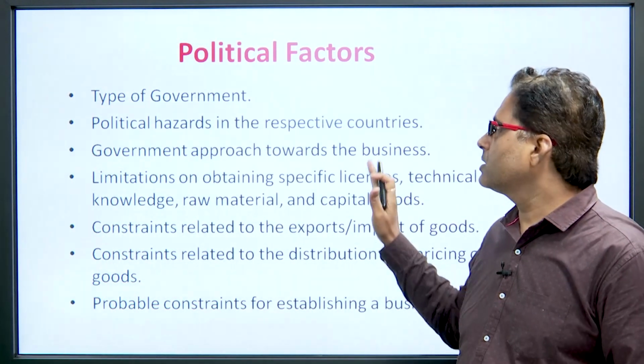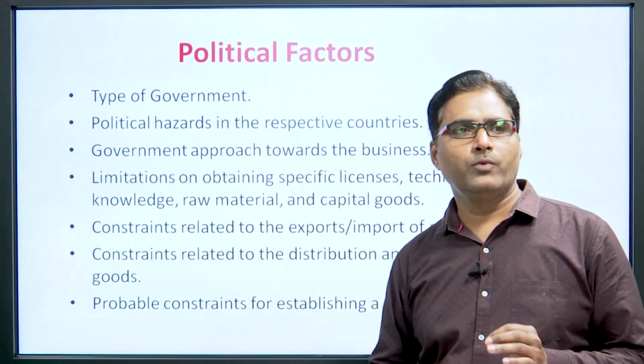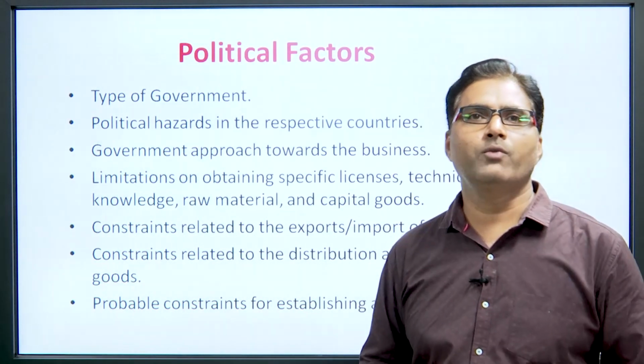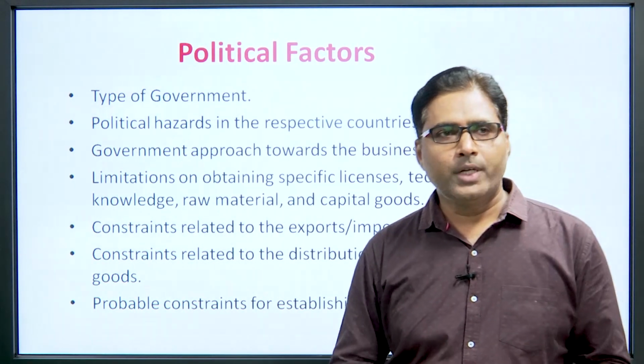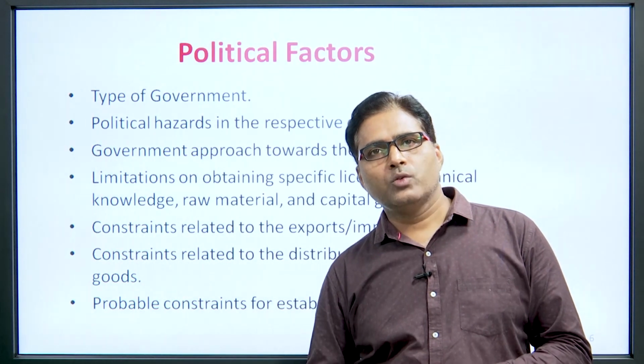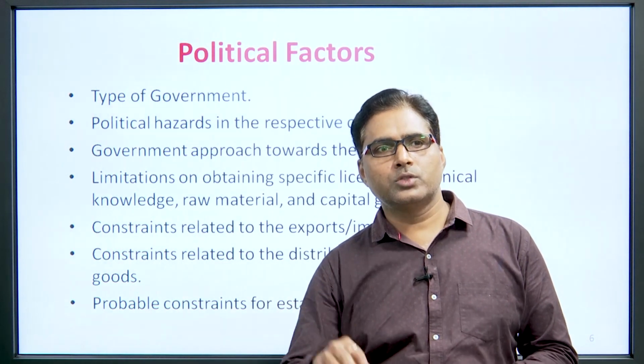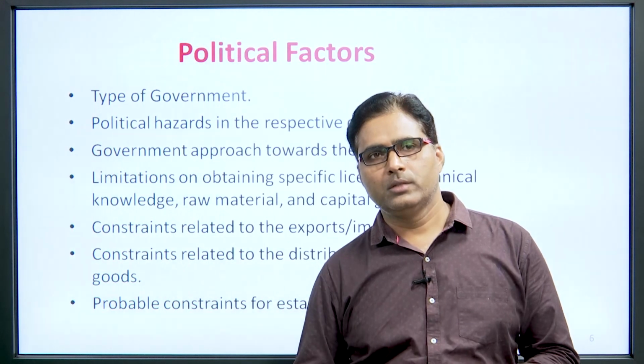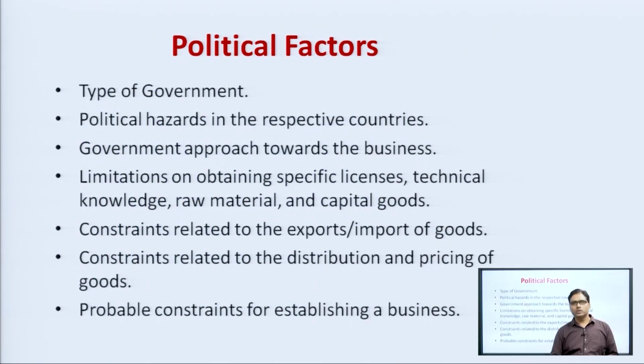Political factor is the very first factor, which is a crucial factor. Political factors are those directly associated with the government, meaning how international business will be governed, what government policies there will be, and what legal aspects there will be.